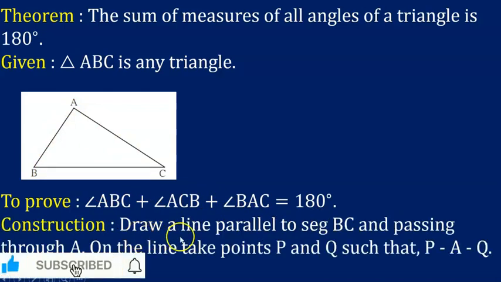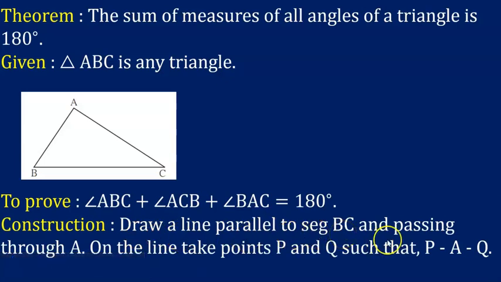Construction: Draw a line parallel to segment BC and passing through A. On the line, take points P and Q such that P-A-Q, means A lies between P and Q.